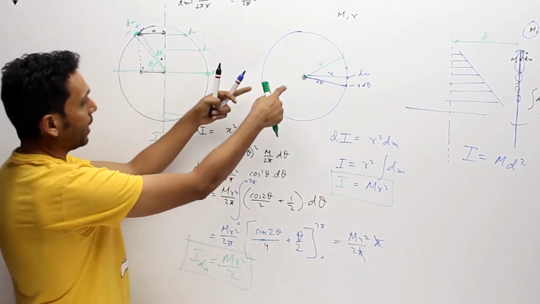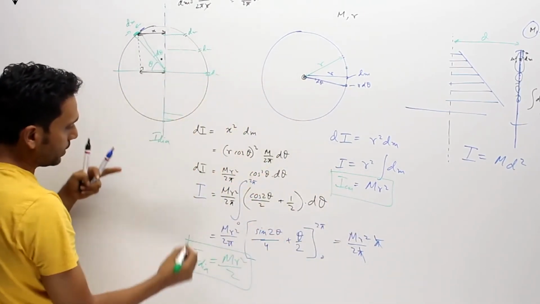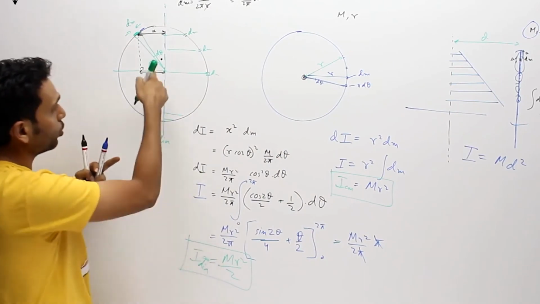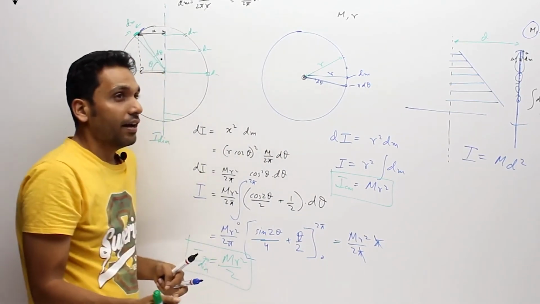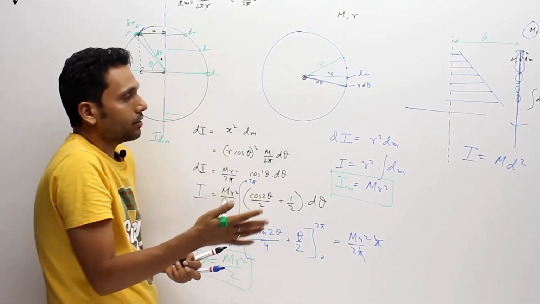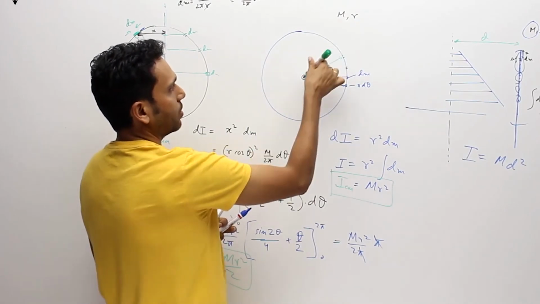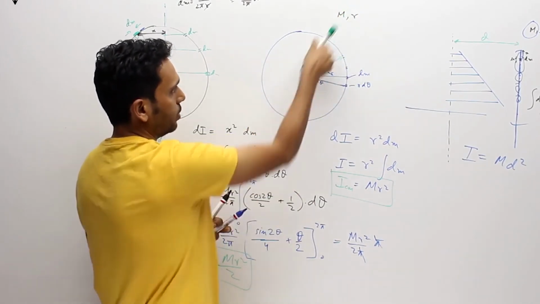Mind you, this is also ICM, this is also ICM, and that is also ICM, because both are going through the center of mass. So if they say find the ICM of the ring, that's not a complete question. There are so many axes which can go like this axis, like this, not this. This we have already found.